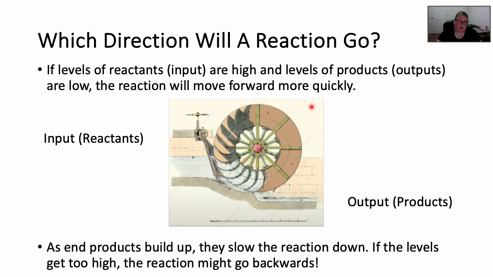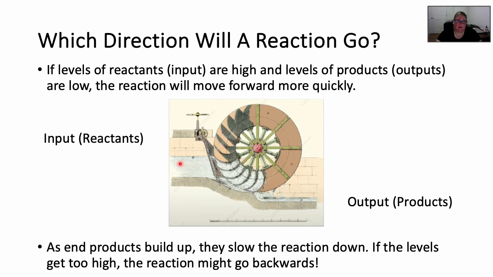Instead of pushing this way and turning the wheel this way, they're going to push back on the wheel, down and backwards to the way it was turning, and it's going to reverse the reaction, so the reaction is going to go backwards. This only happens if the level of products gets too high.